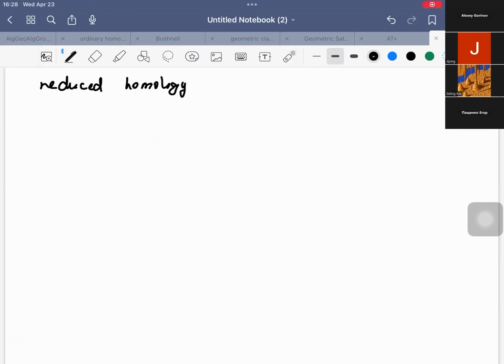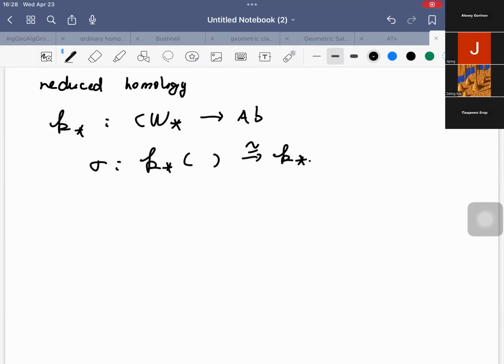A reduced homology theory is a functor from pointed CW complexes to abelian groups, and there is one more isomorphism, K star isomorphic to K star plus one, the suspension isomorphism.